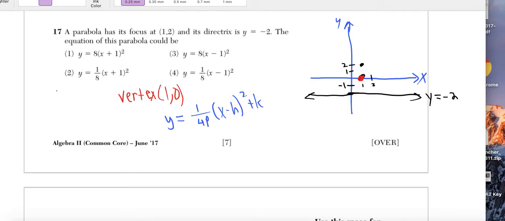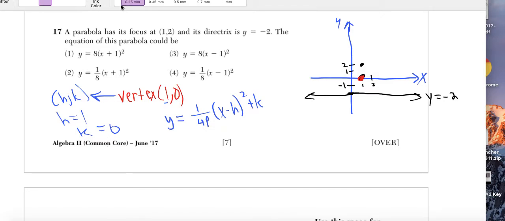The first part, guys, (h, k) is your vertex, all right? So h equals 1, k equals 0.